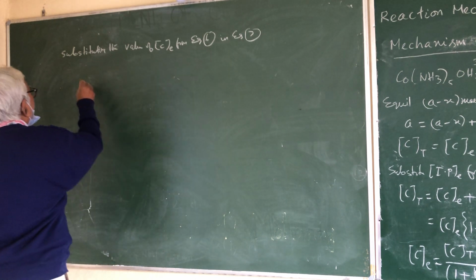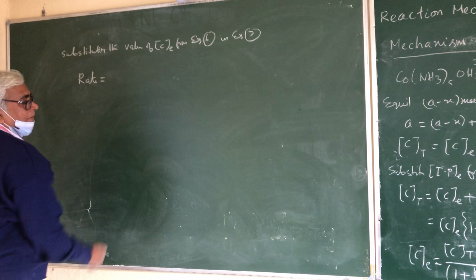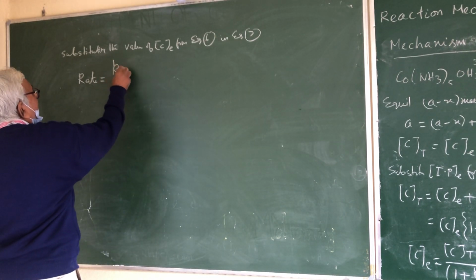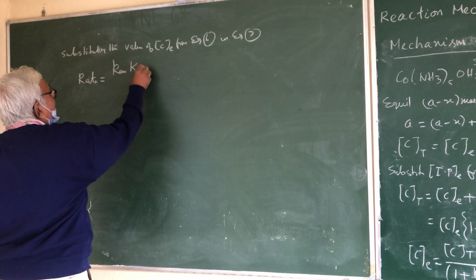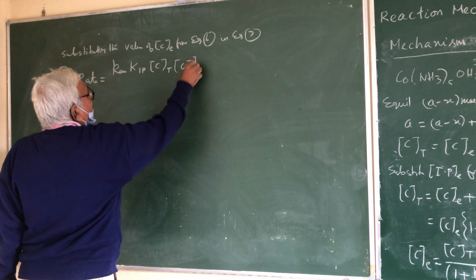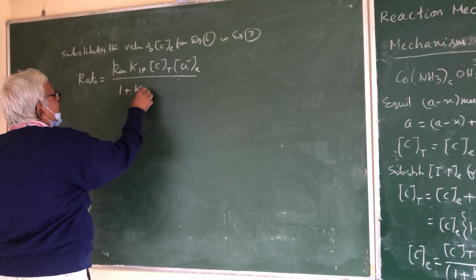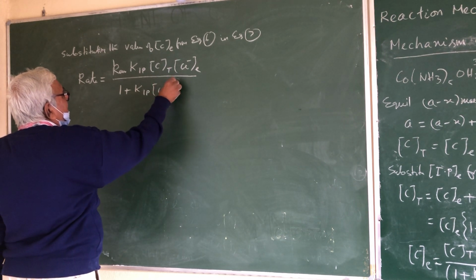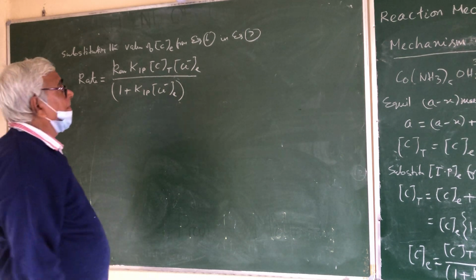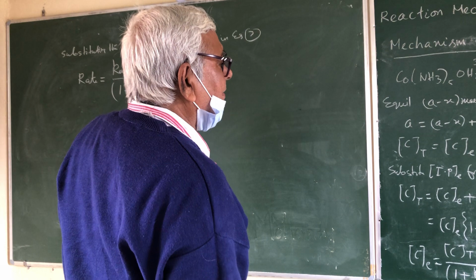You get rate is equal to k anation K IP complex total chloride equilibrium by 1 plus K IP into chloride. This is equation 9.